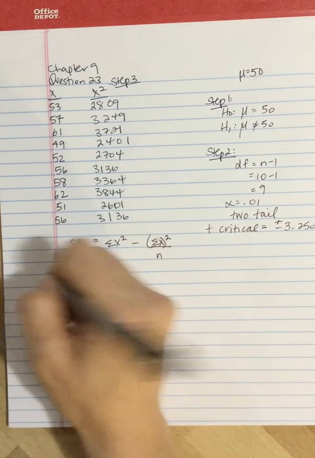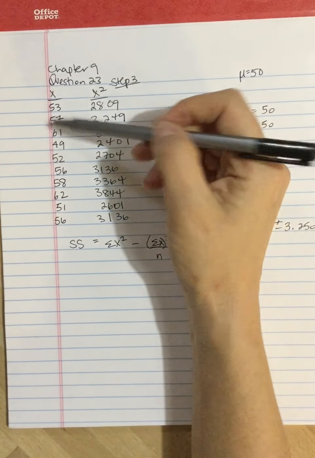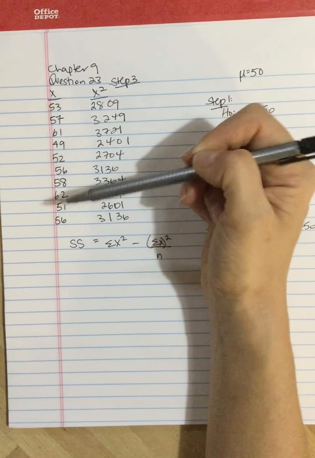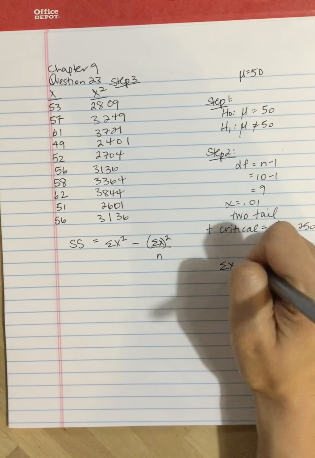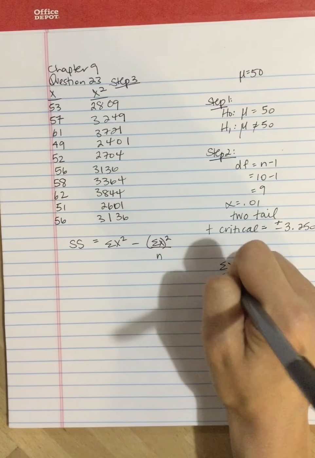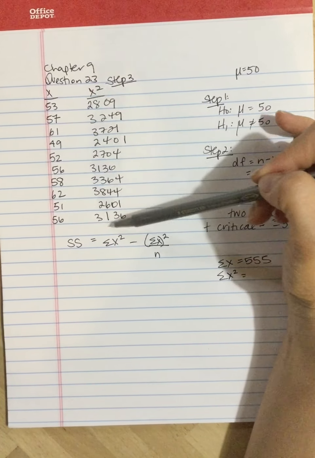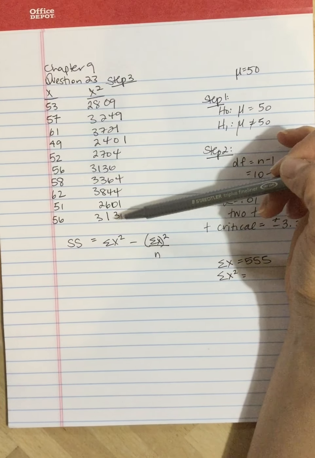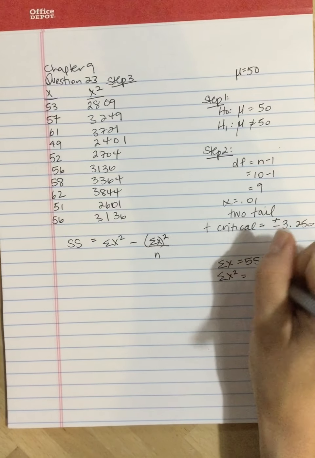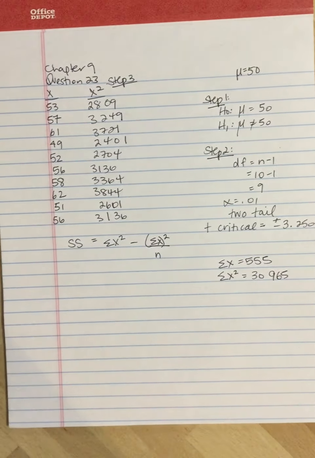I need the sum of x. The sum of x is adding all of these scores together, and that is equal to 555. I need the sum of x squared, so that is each x value squared and then added up. That is 30,965.